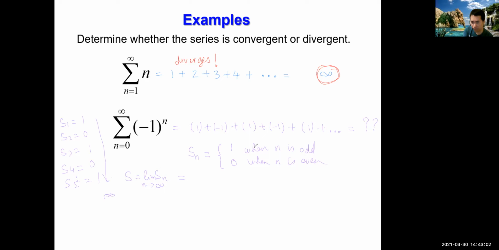So my point is, if the limit of the term as n goes to infinity approaches something not 0, then the series will diverge. That's called the divergent test.